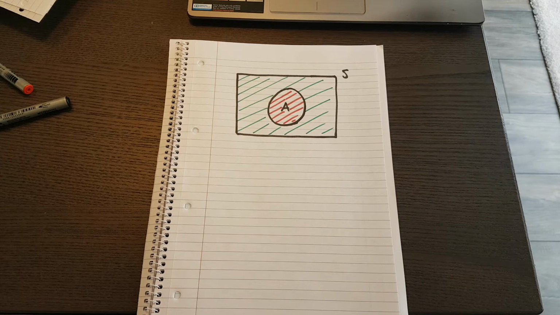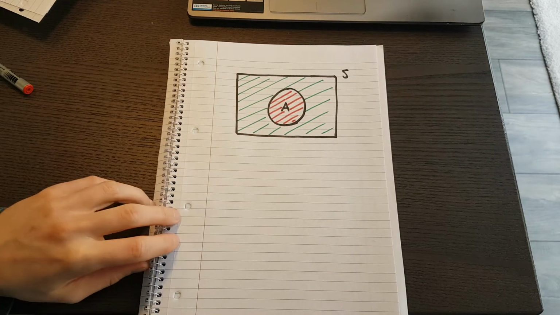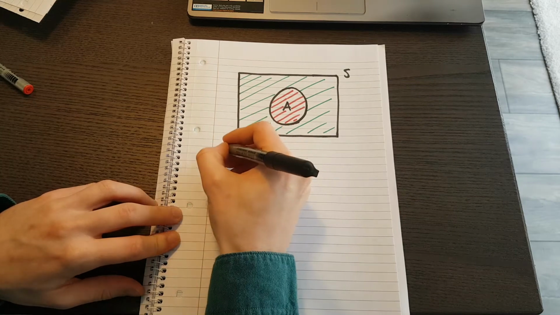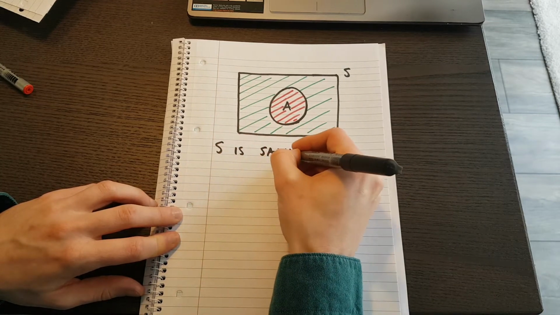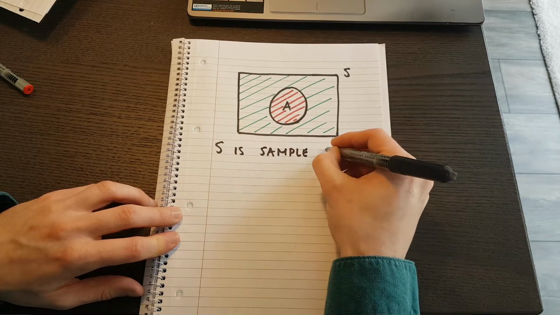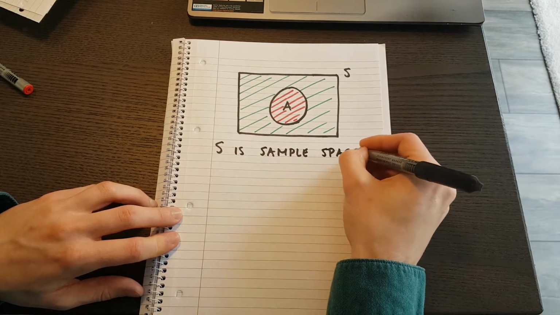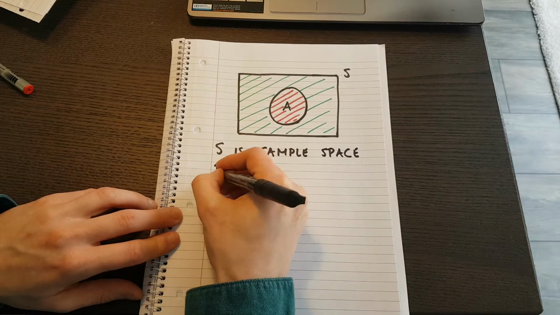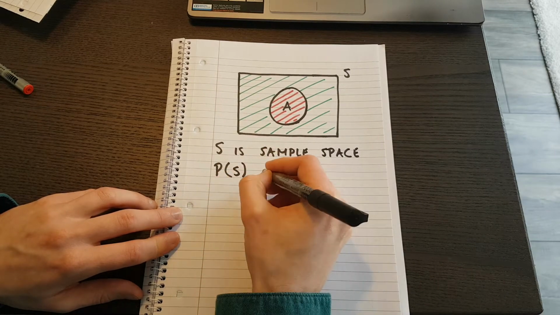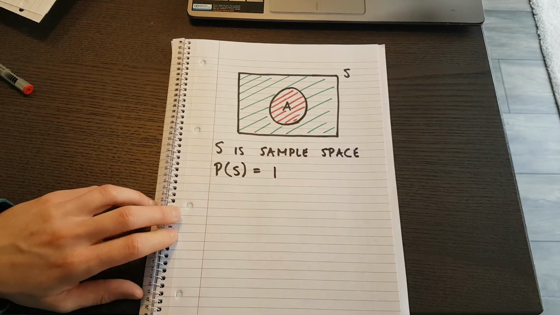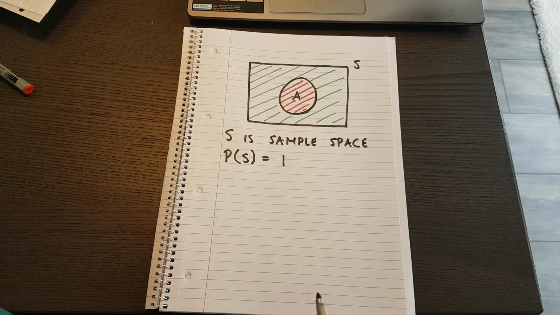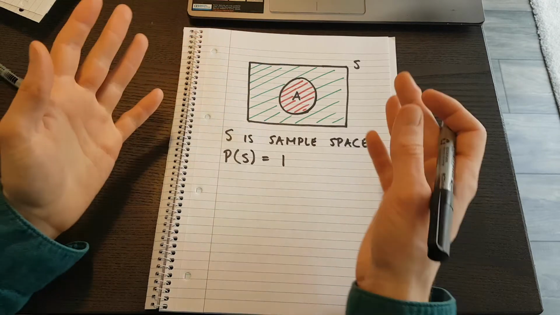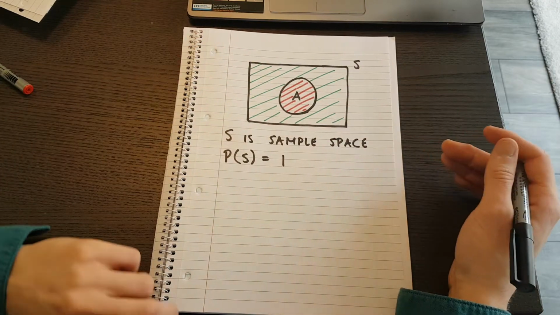Well, S is the total sample space, and we know that the probability of the sample space has to be equal to 1. And we know that the probability of A is somehow represented by the red area.